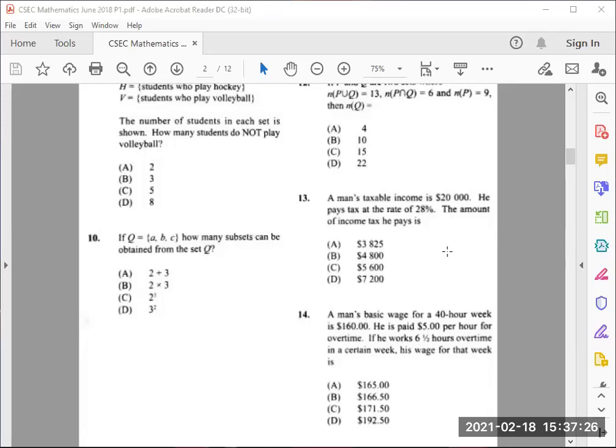So 6.5 times 5, that's 32.50. And then you add, so you should take home 250. So D is the correct answer. Everybody understands that? Tashela says D.